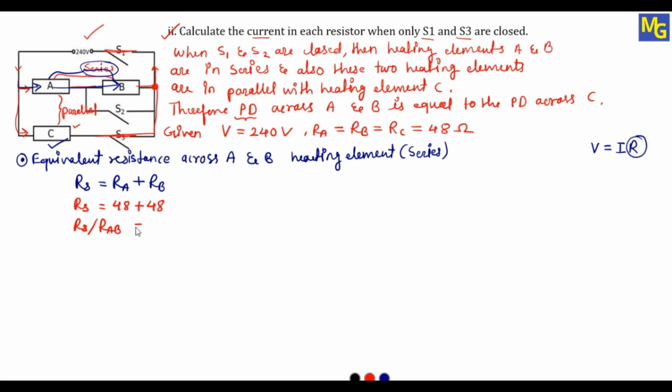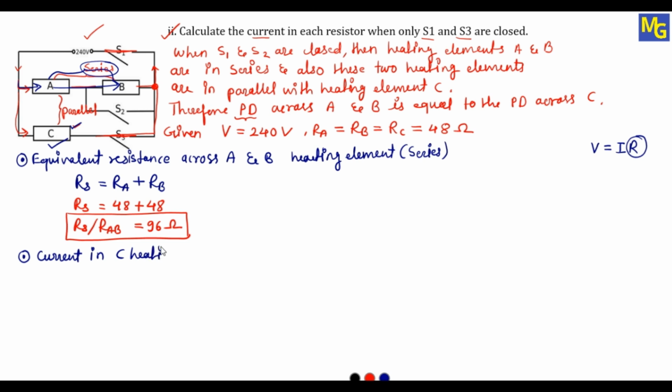Now we can easily use the formula, that is Ohm's formula. So first we will find out the current in IC. IC means current in C heating element. So I will write it here. Therefore, first current in C heating element. So this can be denoted by IC.